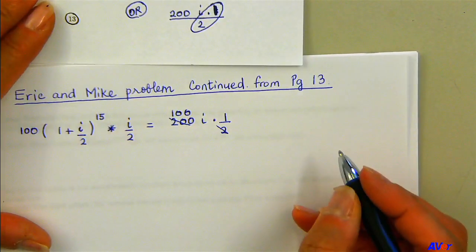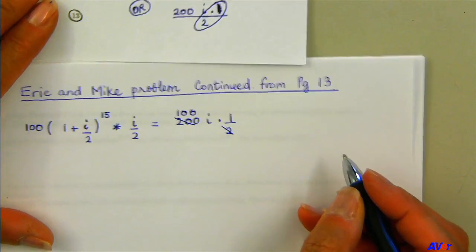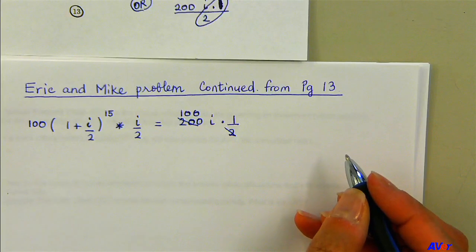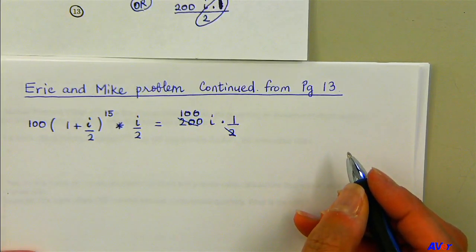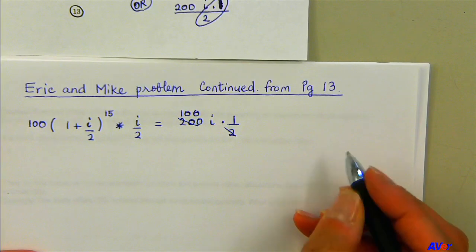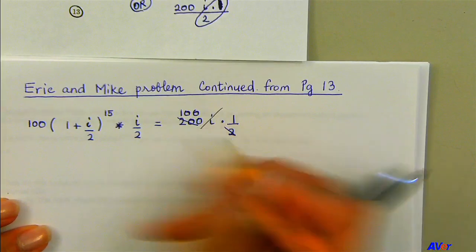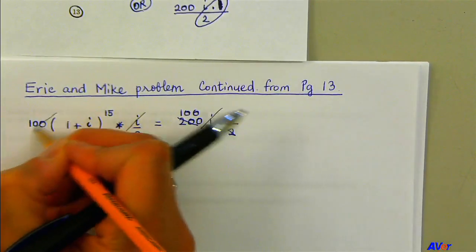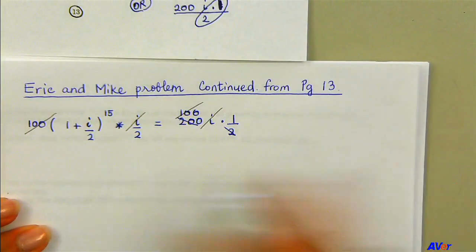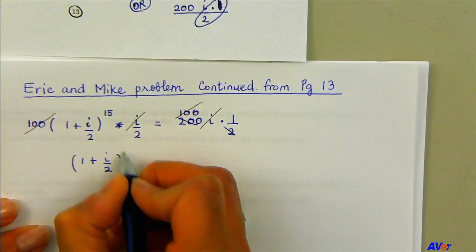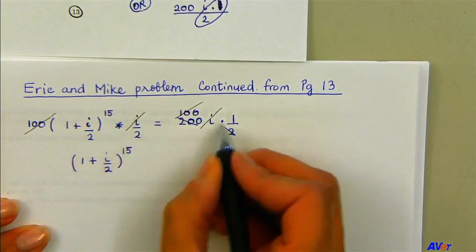And solve this equation. Can you solve this right now? I have 100 on the left side, I have 100 on the right side, let those cancel. I have an I on the left side, I on the right side, let those cancel. So now I have 1 plus I over 2 to the 15th equals 2.